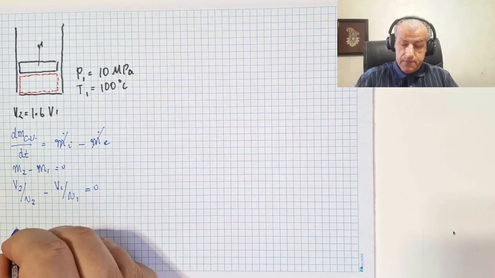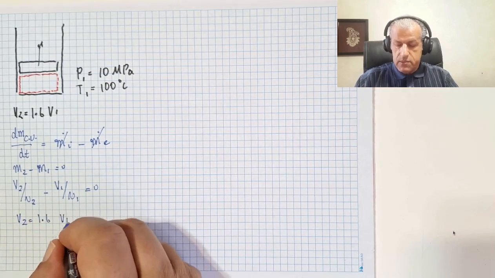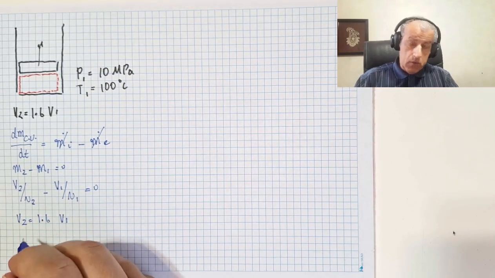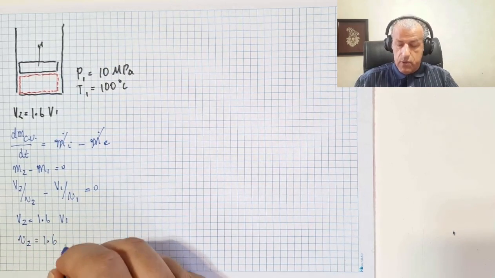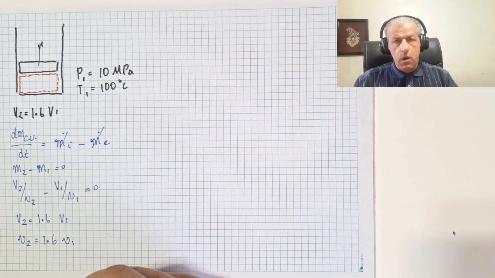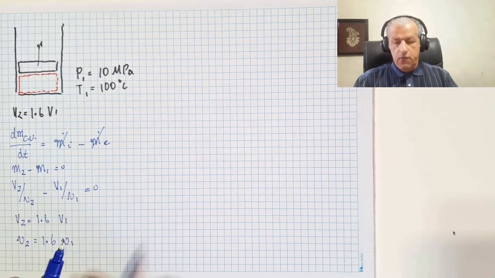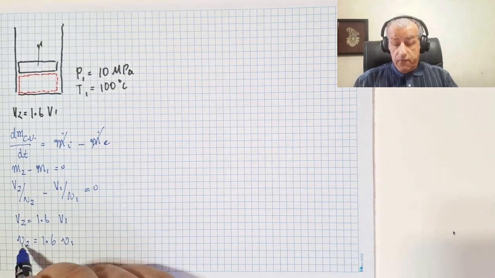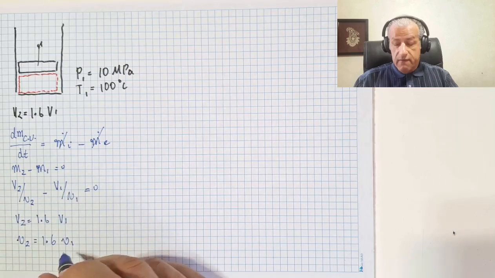And since V2 equals 1.6 V1, we will conclude that v2 would equal 1.6 v1. And this is the structure where we want to solve for specific volumes from the knowledge that we have.